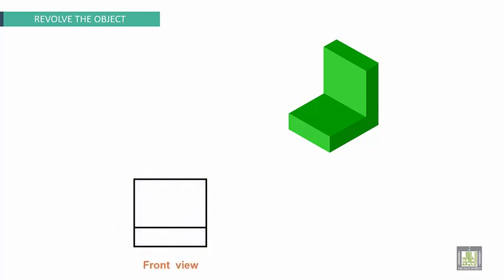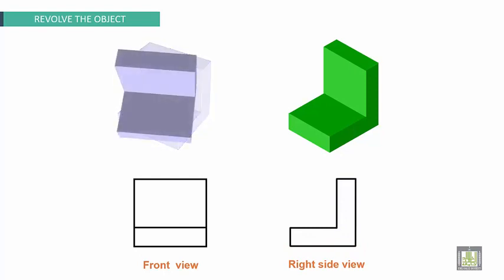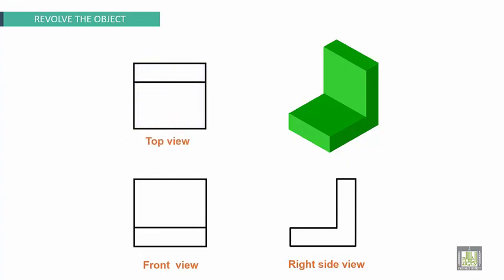This is the front view. We revolve again to obtain this new view. This is the right side view. And here also, the object will be revolved, and then we obtain the top view.